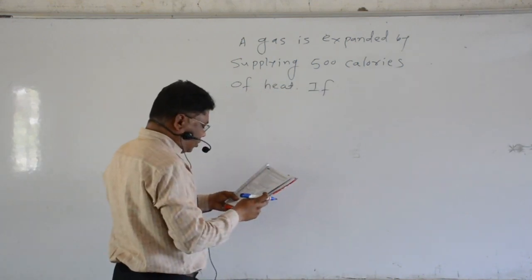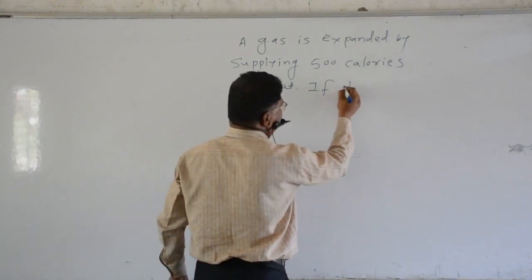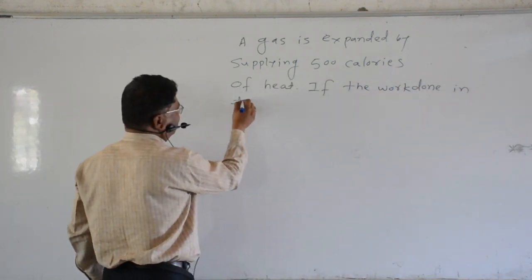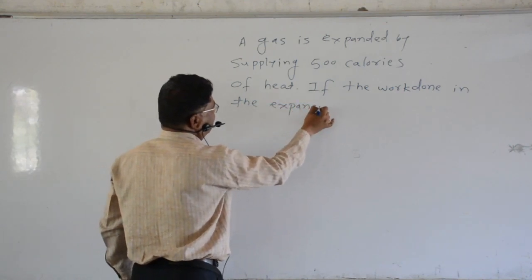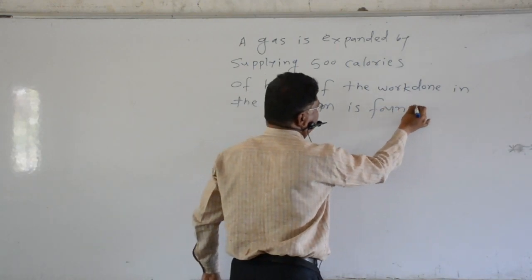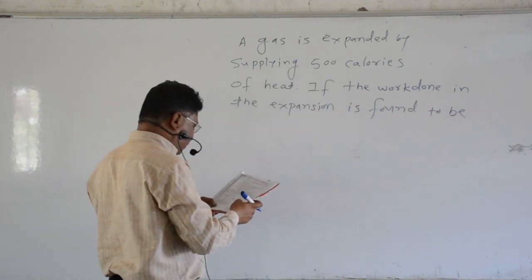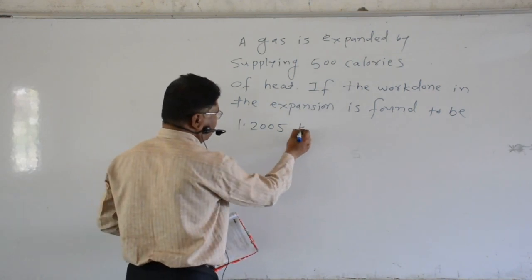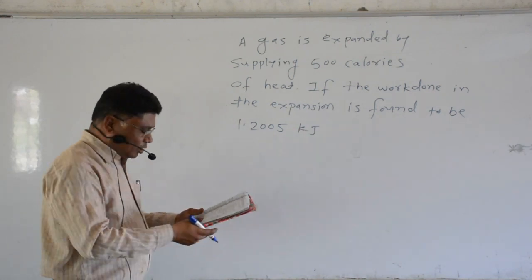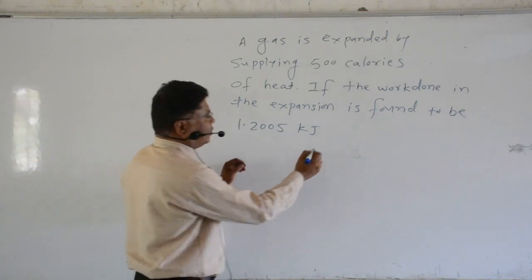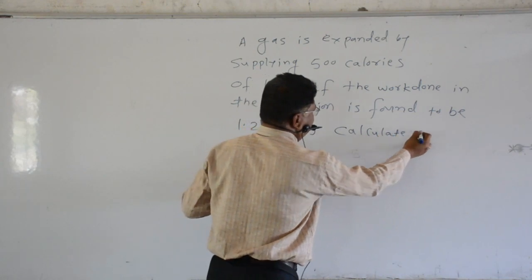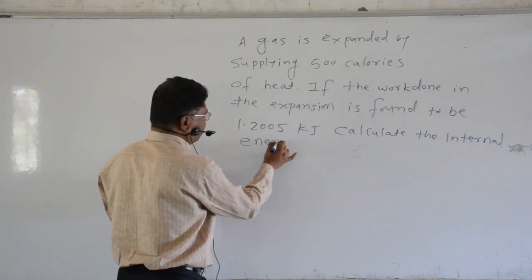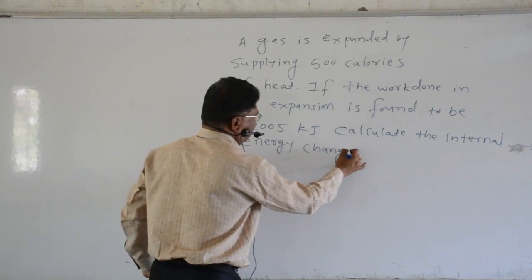If the work done in the expansion is found to be 1.2005 kilojoule, calculate the internal energy change in the expansion.